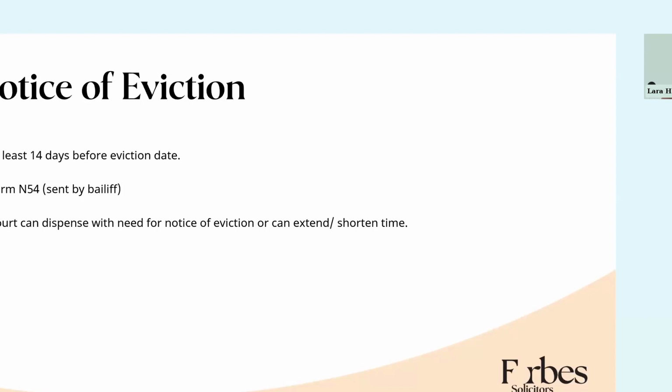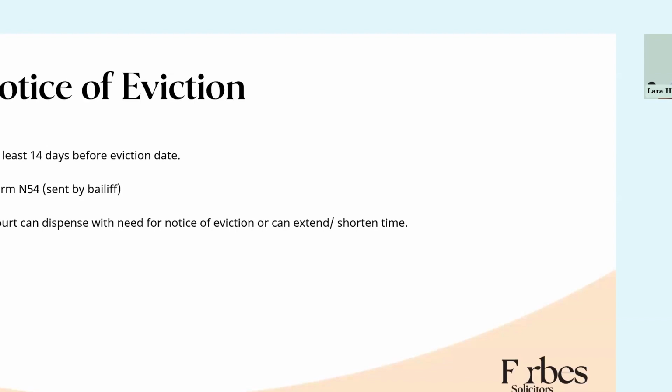The form that provides the notice to the tenant will give details of the date and the time when the eviction will take place if they don't leave before then. And it will also explain that an application to suspend the warrant can be made. So it gives them a bit more information on how to do that.